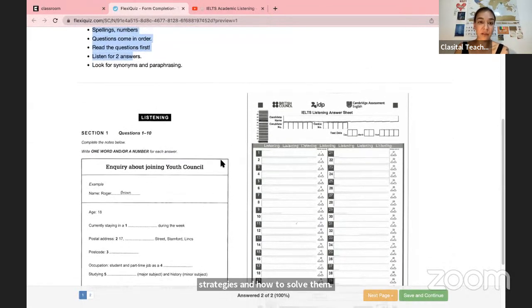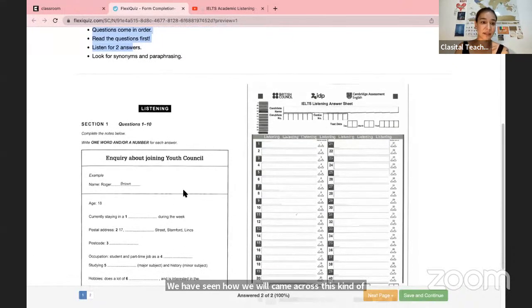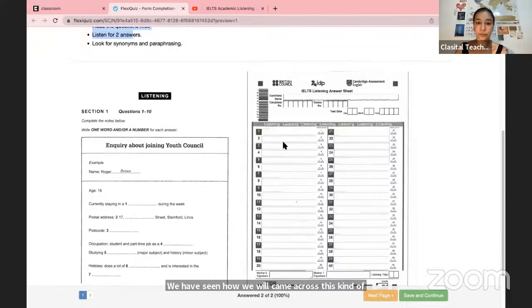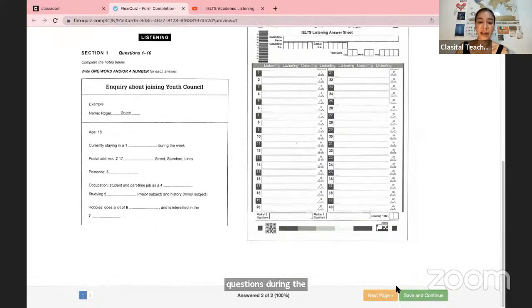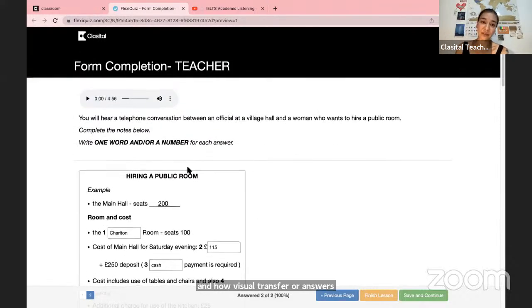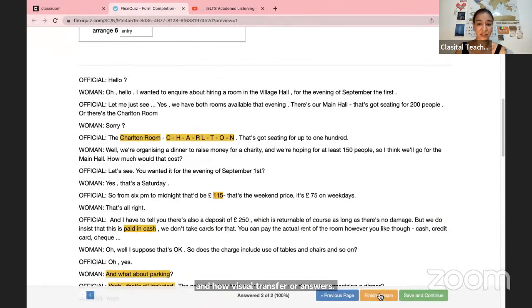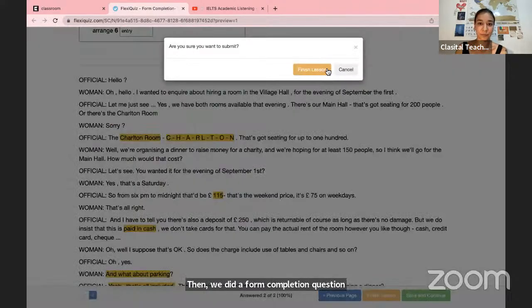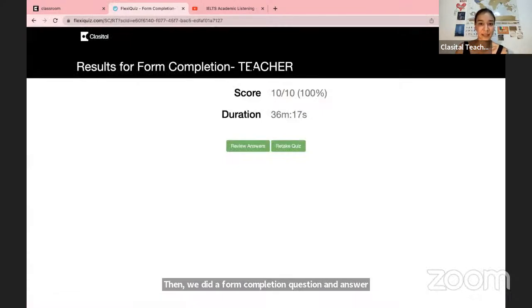We have seen how we will come across this kind of question during the exam, and how we should transfer our answers. Then we did a form completion question and answer session with you. Yes. And we have 10 out of 10.